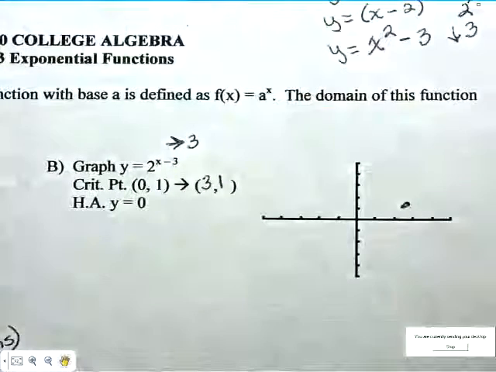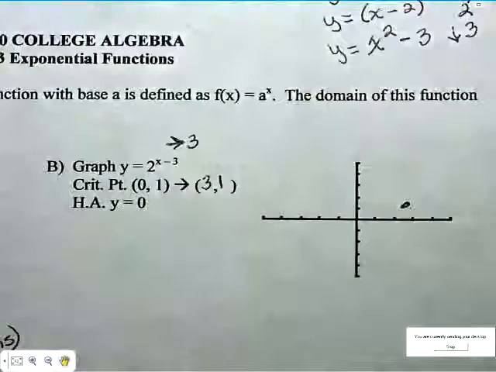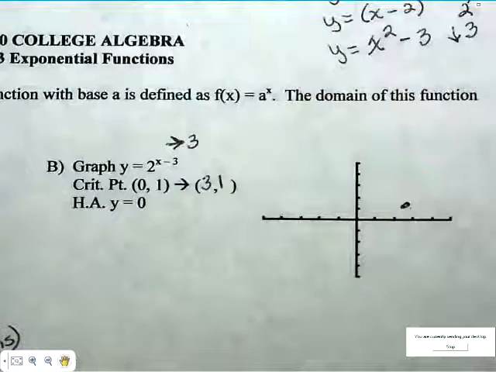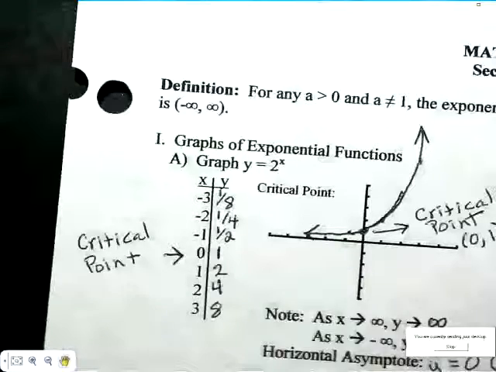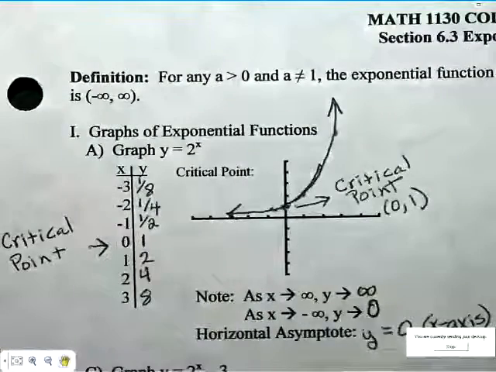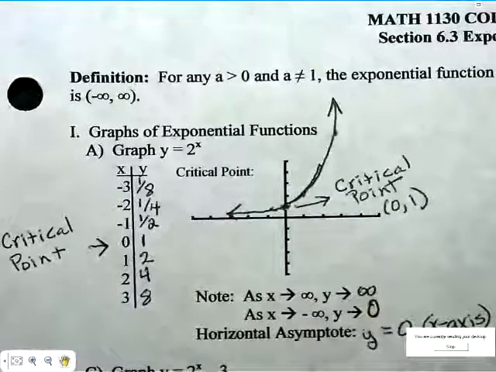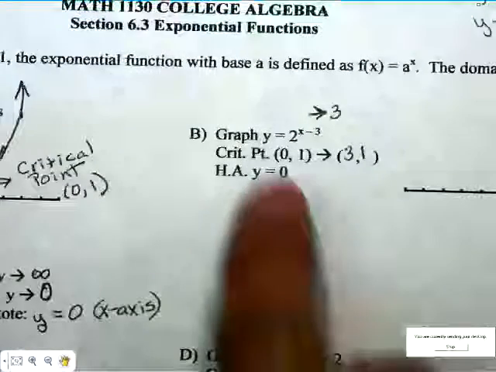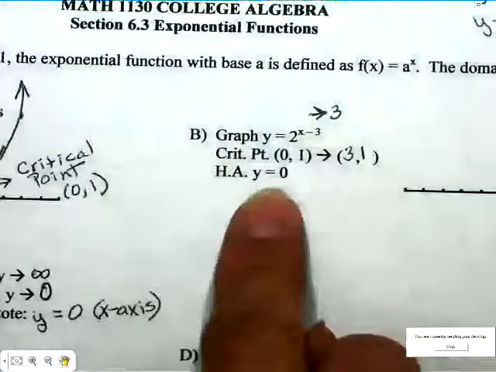And does that affect the horizontal asymptote? If you move this whole graph to the right, will it change the horizontal asymptote? You can move the x-axis left and right all day long, and it's still the x-axis. That's why I said the horizontal asymptote is still y equals 0.